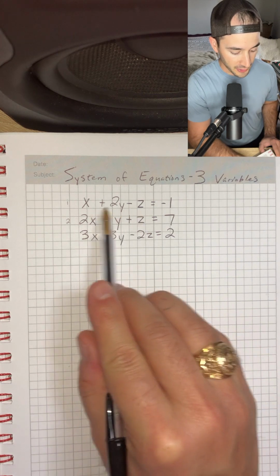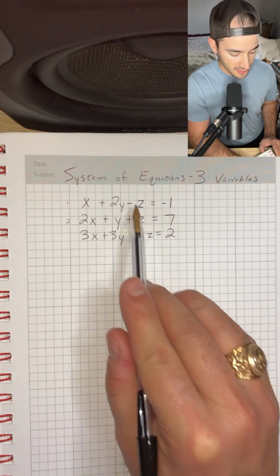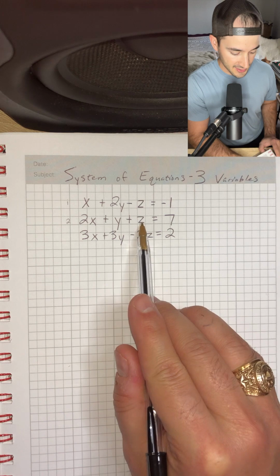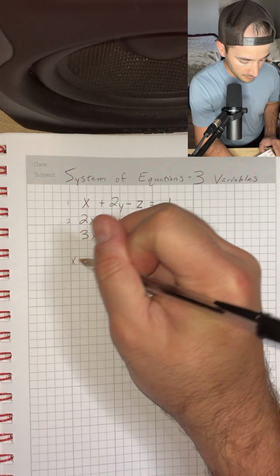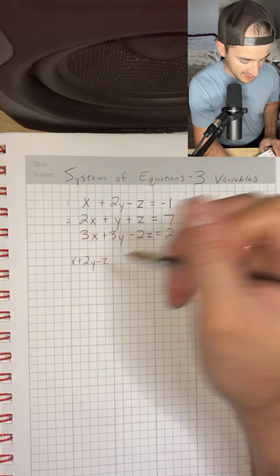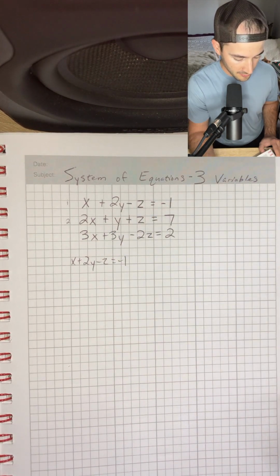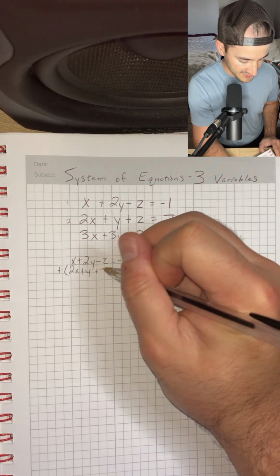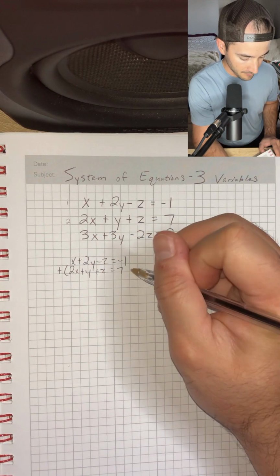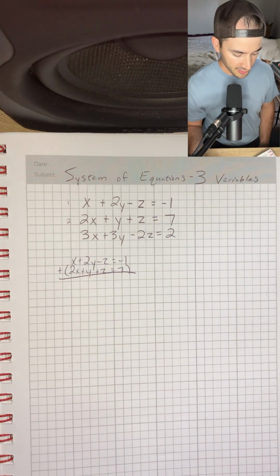So I noticed that if we add the first and second equation, the negative z and plus z will just cancel. So that's what we're going to do. So we're going to do x plus 2y minus z equals negative 1 plus 2x plus y plus z is equal to 7. And now we're just going to add just like an addition problem.